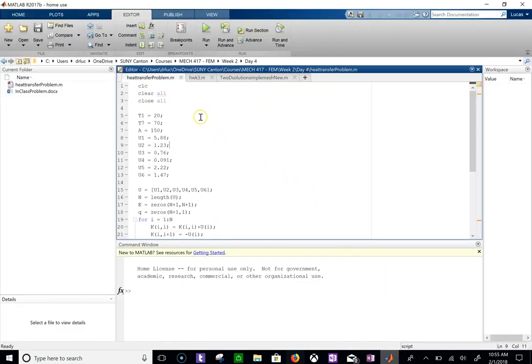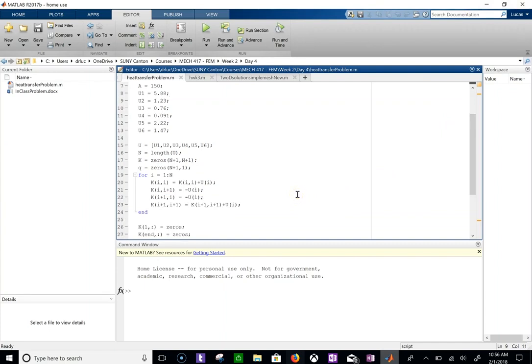All right, so what I did is I defined T1 and T7, my area, and I just picked my values for U. No, it's right in the given problem. Then I made, there should be 6 of these, right? Because there's 6 elements.